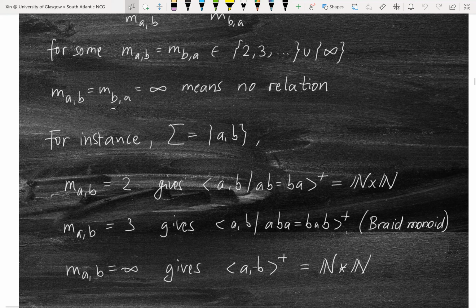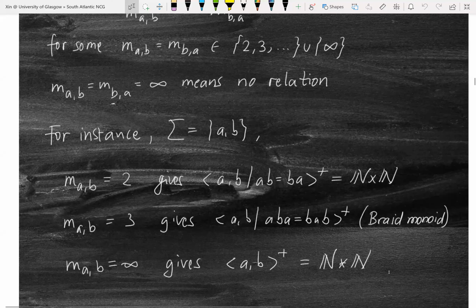So in this example, you get one of the braid monoids, and so that's the link to this picture of the braid I drew. Or you could take m equals infinity, and that, as I said, means you have no relation between a and b. So then you're back to the free situation of just two generators, no relation.